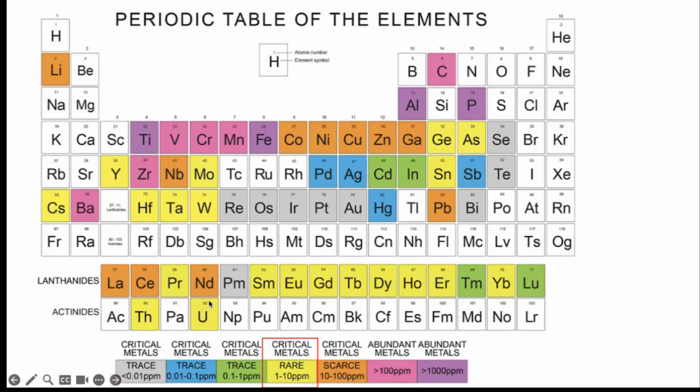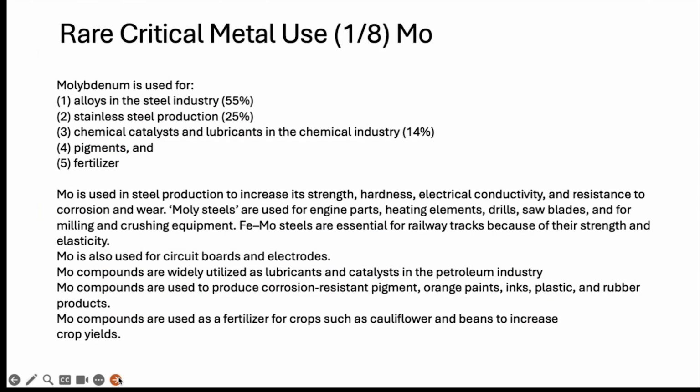All right, so here we are, the rare critical elements, right? Sort of moving down the periodic table: germanium, arsenic, tin. They moved antimony over there, molybdenum, bunch of things. All right, there's 8 of them. Let's talk about the first one, molybdenum.